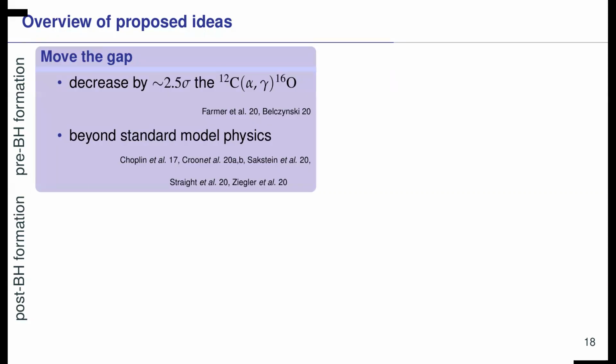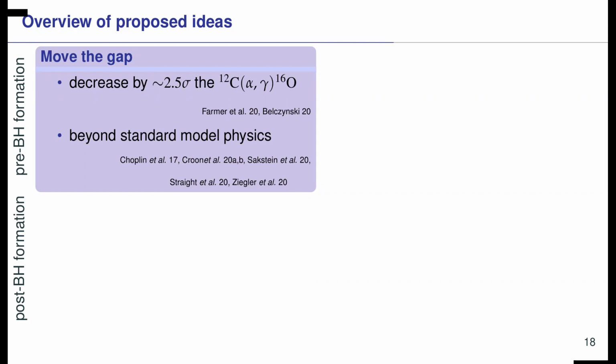In the first category, the first thing that you can do is mess with the physics of the star. I briefly mentioned that the C12 alpha gamma reaction rate has an impact on the black hole masses. Maybe if we decrease it enough, we can form black holes all the way to the masses that have been detected.